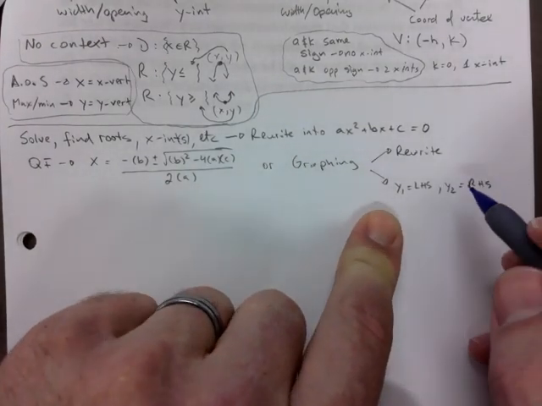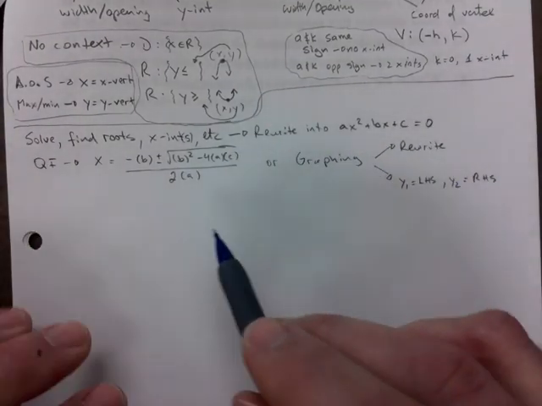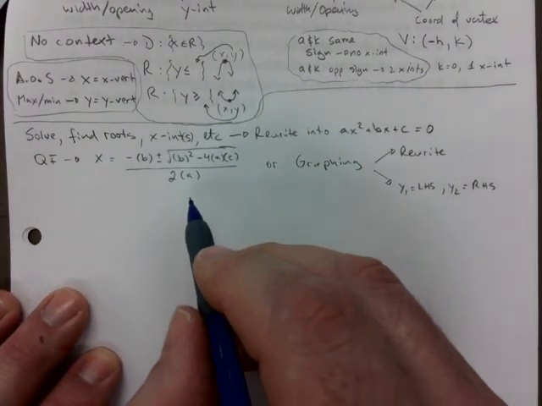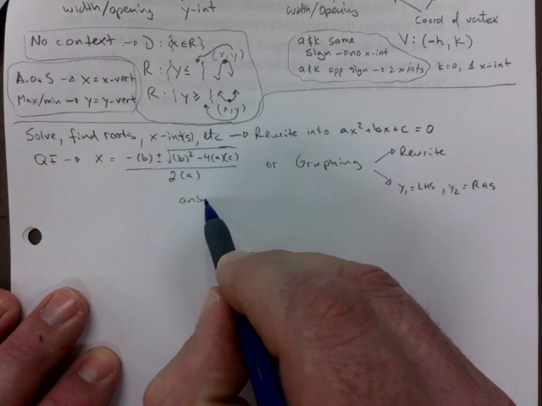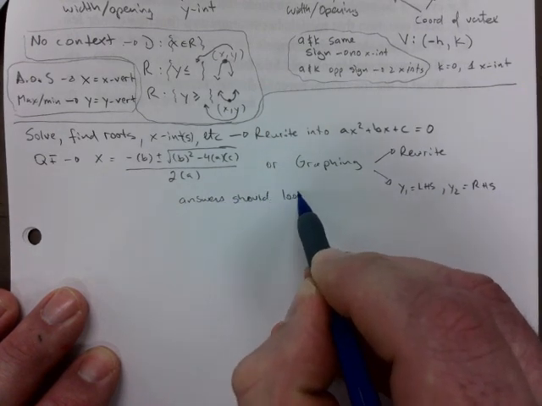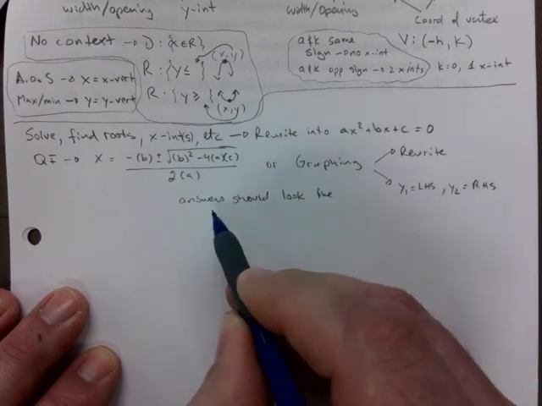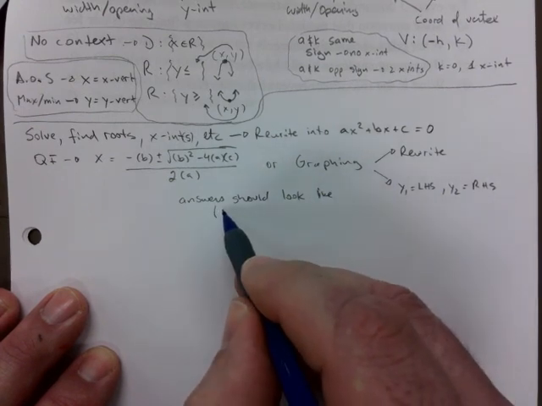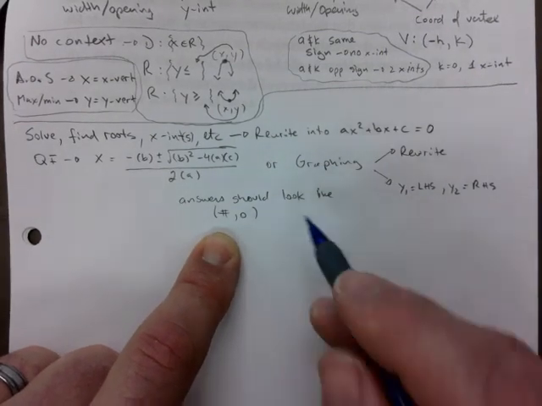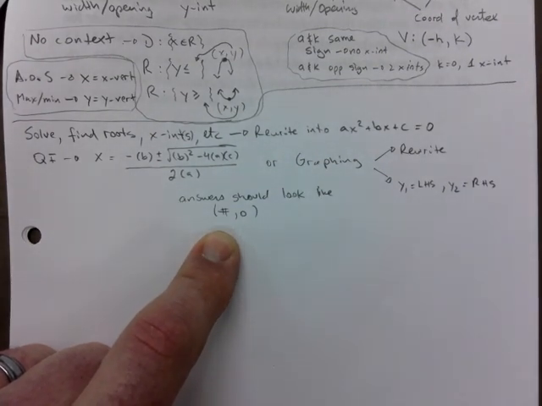But regardless, no matter which way you do it, it's always finding the intercept. So answer should look like this. Number 0, and then there could be 2, 1, none, right? But if you do have one, it's this.